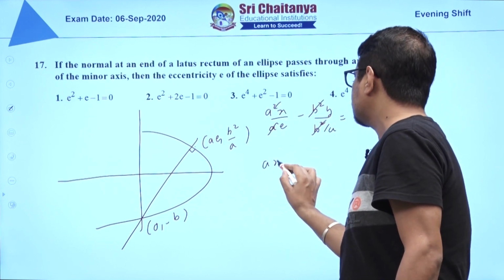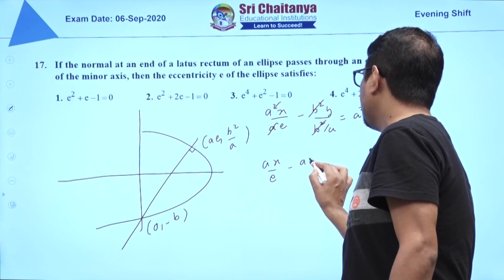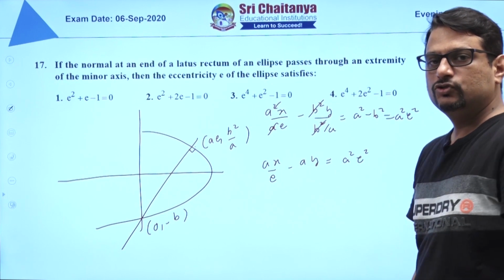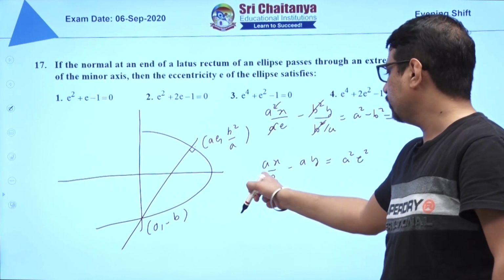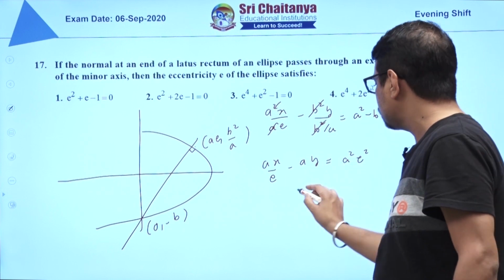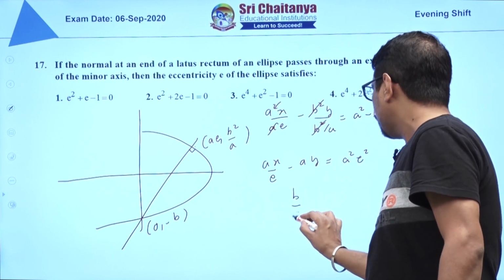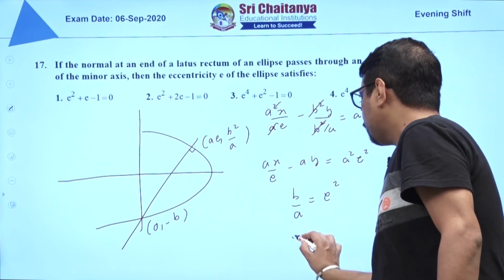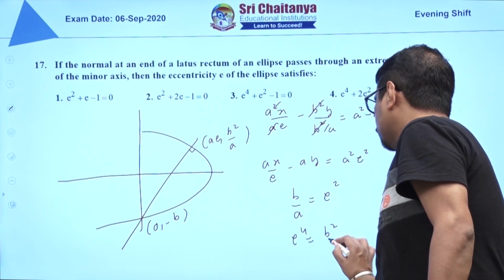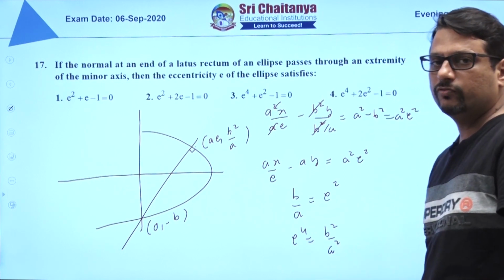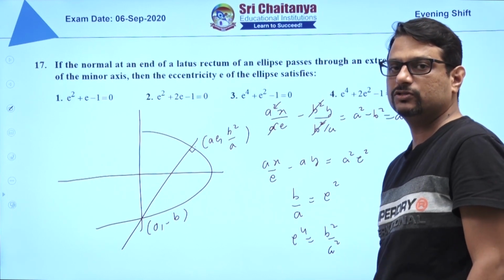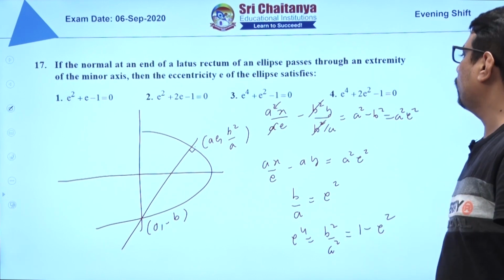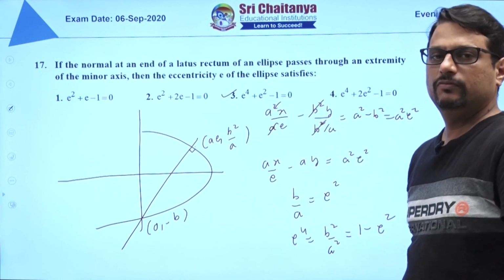You will get ax by e minus ay equals a square e square. 0 comma minus b should satisfy this. So substitute 0 and minus b, cancel a, and you get b upon a is equal to e square. Square this, you get e power 4 is equal to b square by a square. You know e square is equal to 1 minus b square by a square, so b square by a square is 1 minus e square. So e power 4 plus e square minus 1 is equal to 0 will be your answer.